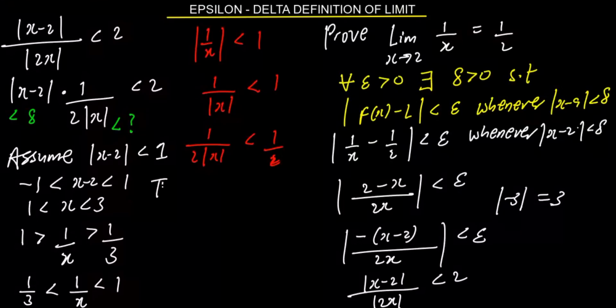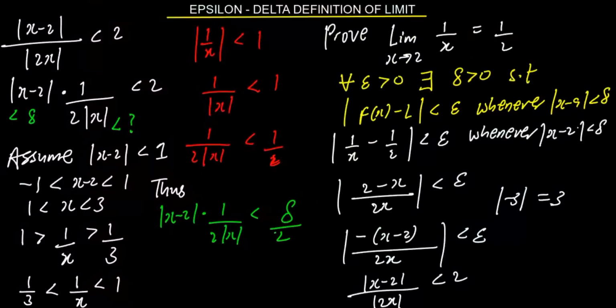Thus, what I have here, x minus 2 times 1 over 2 absolute value of x, is less than, now remember this is less than delta. Also, everything I have here is also less than 1 over 2. So less than 1 over 2, that's delta over 2.